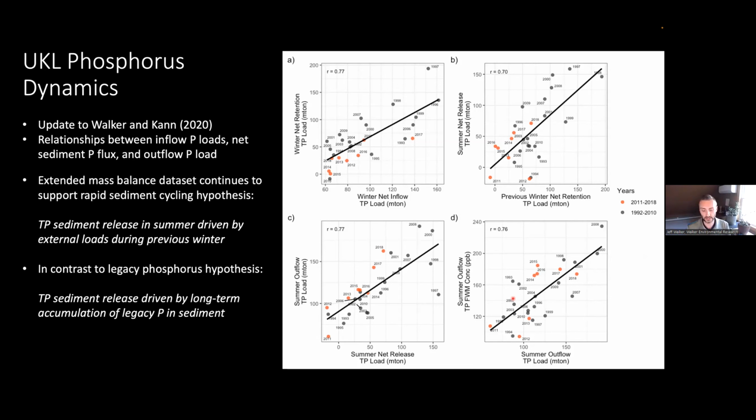So if the sediment release was driven by legacy phosphorus, you wouldn't expect it to really be related to the external inflows recently. But that's not what we're finding. We're finding these series of correlations which suggest the release in the summer is related to the loading from the previous winter.